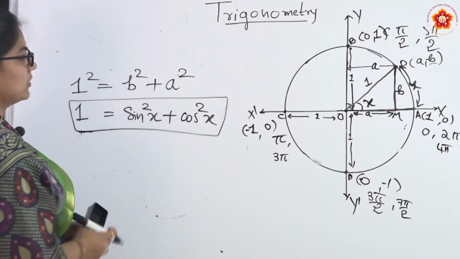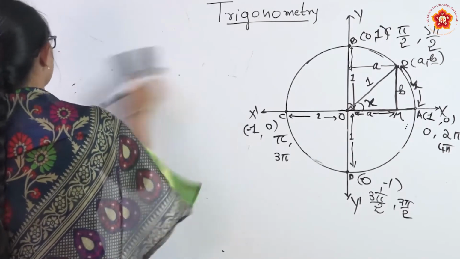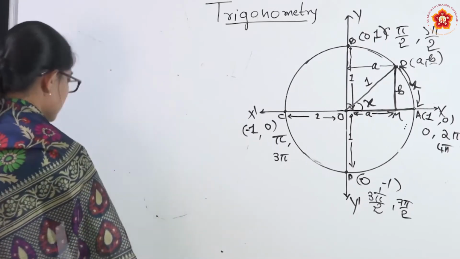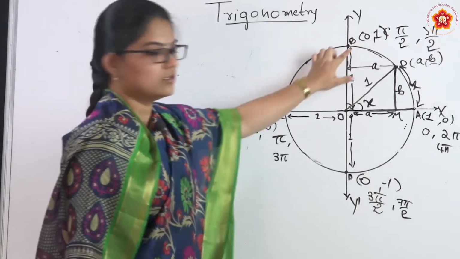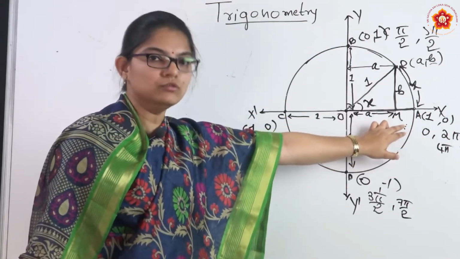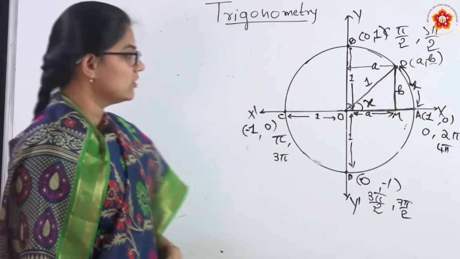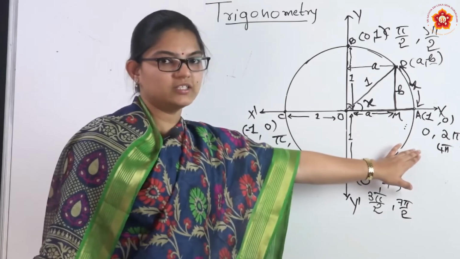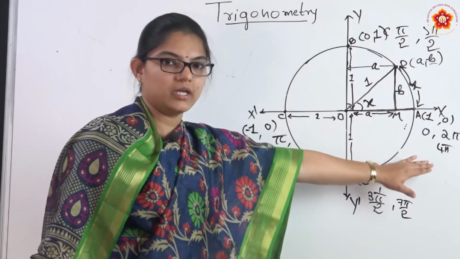Now we can find the values of sine and cosine for a few angles. We can find the sin x and cos x values for the few angles at these points, and we know that at A you can find the angles 0, 2 pi, 4 pi, 8 pi, correct.